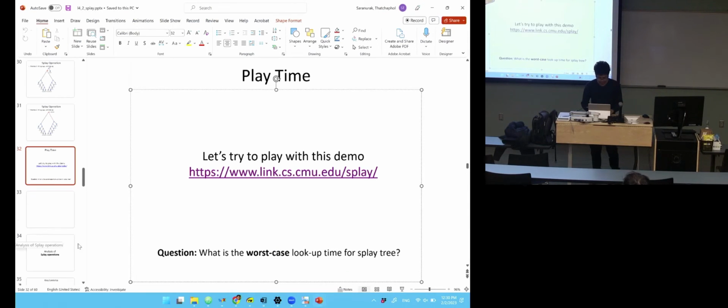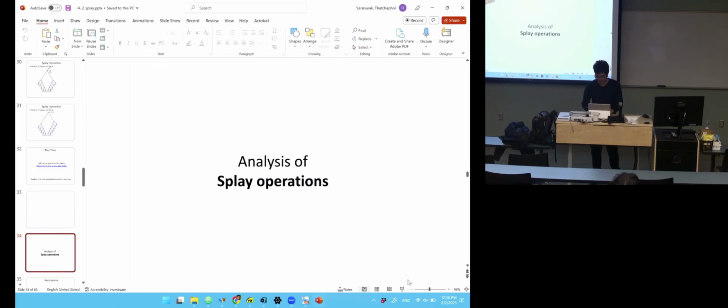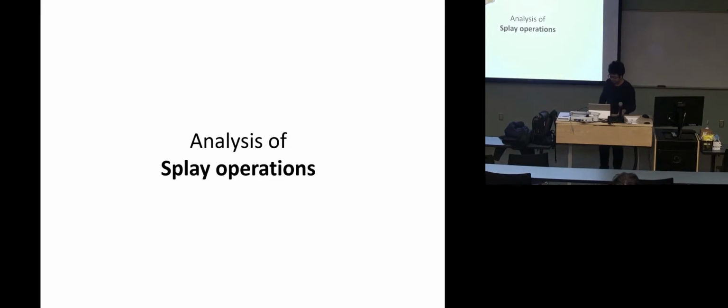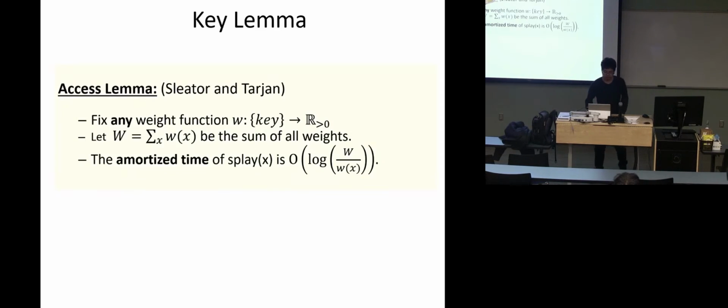Okay. Well, looks cool, but how do we even analyze it, right? So let's do that. The main claim about the Splay tree is a lemma which is super powerful. Let me state the lemma and you see if it makes sense.